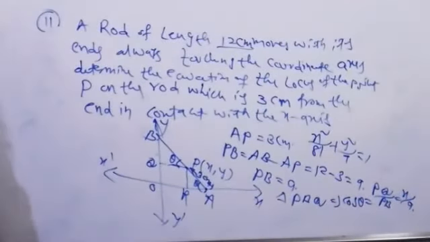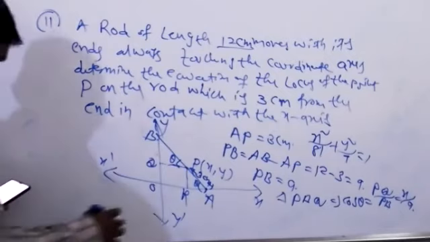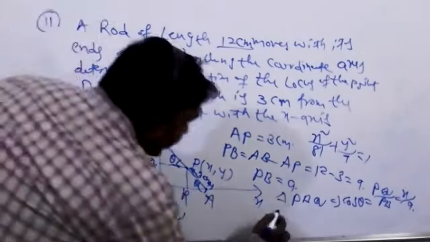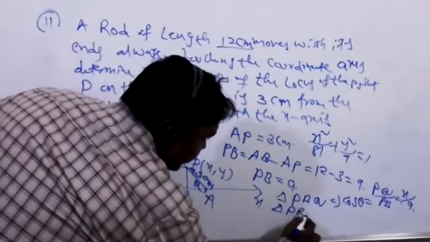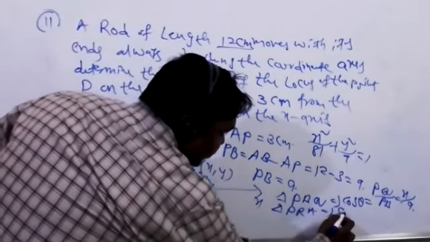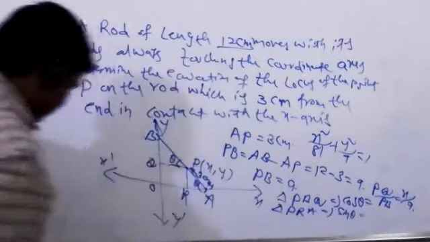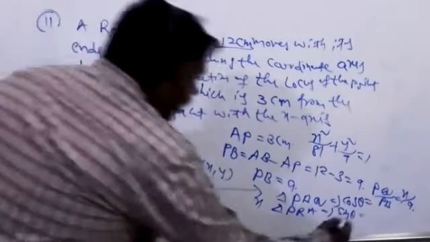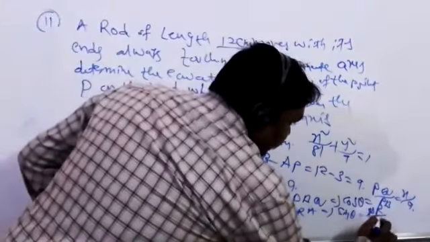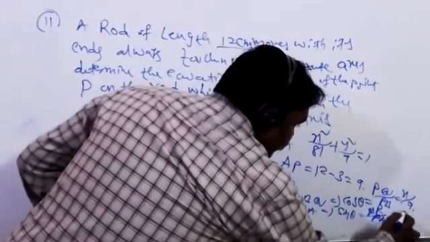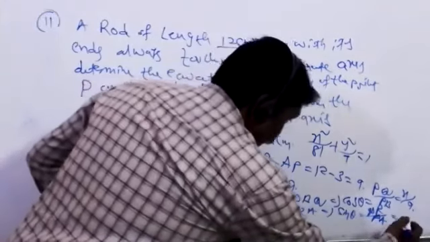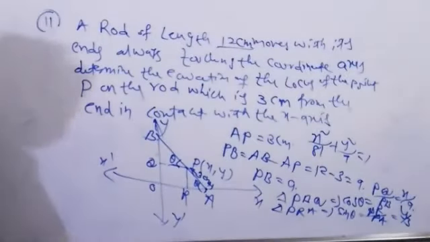Then next, triangle PRA. That implies sin theta is equal to PR by PA, which is equal to y by 3.